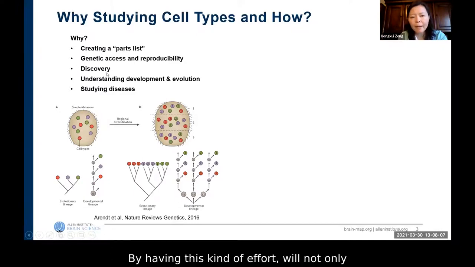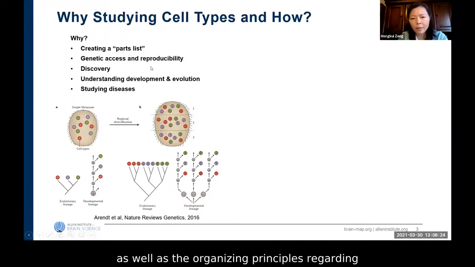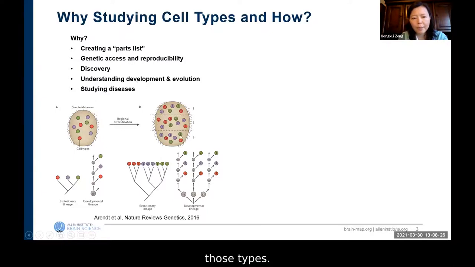By having this kind of effort, we will not only categorize known types, but also have the opportunity to discover new cell types, as well as the organizing principles regarding those types.